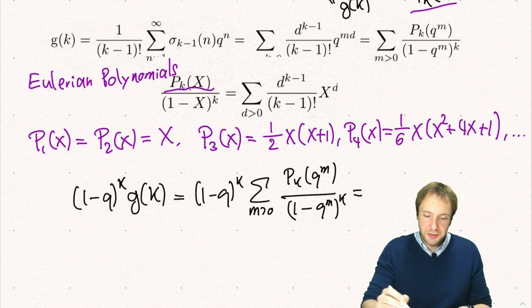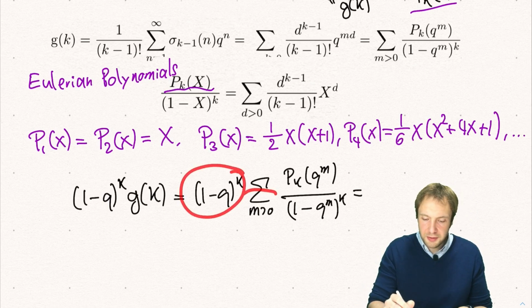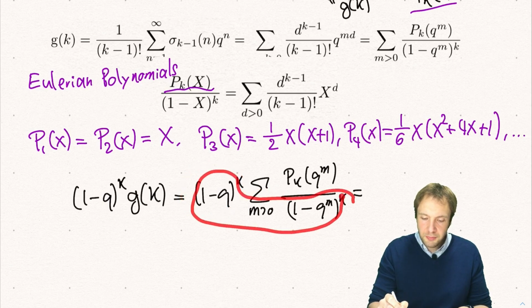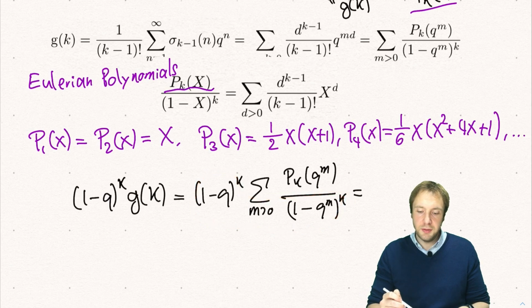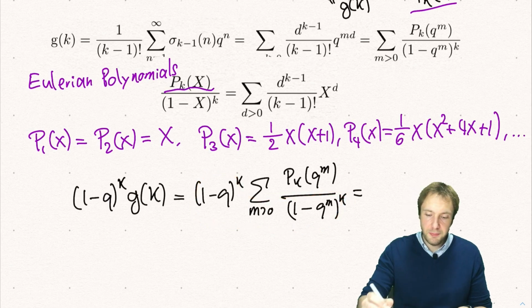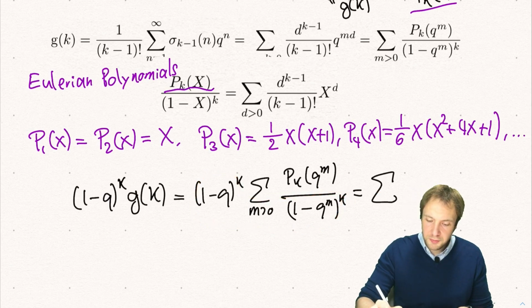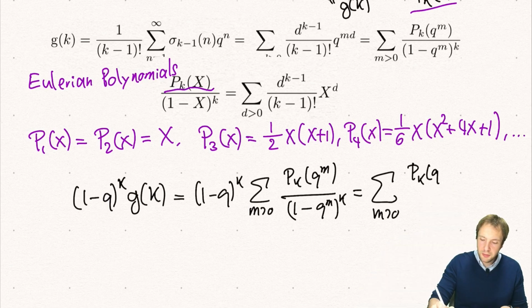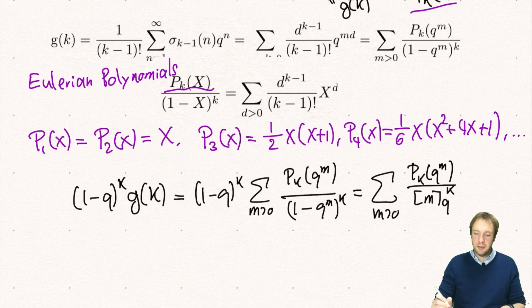And now if you multiply this in here, what you see is that this part here is exactly 1 over the q-integer m. So this is just p_k(q^m) divided by the q-integer [m] to the power k.